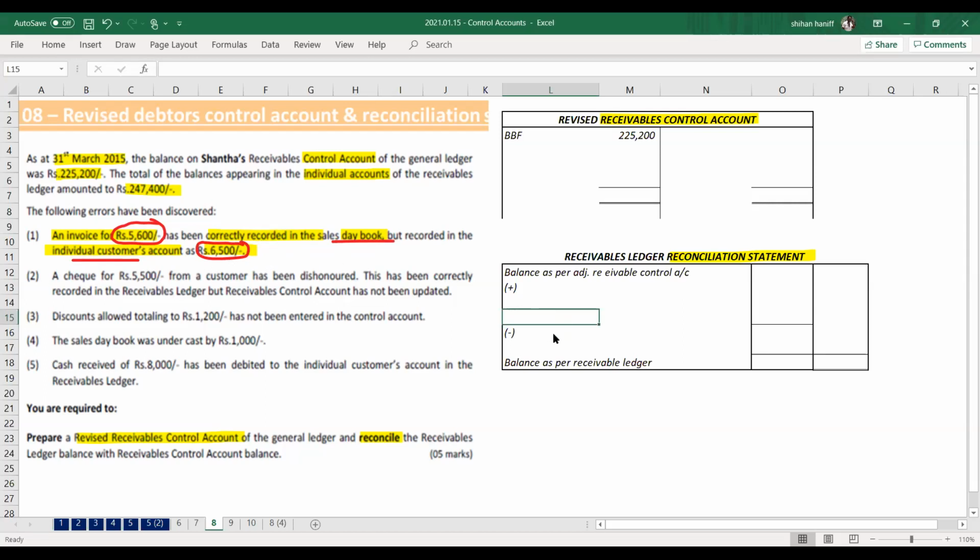So the individual account balance is more by 900.